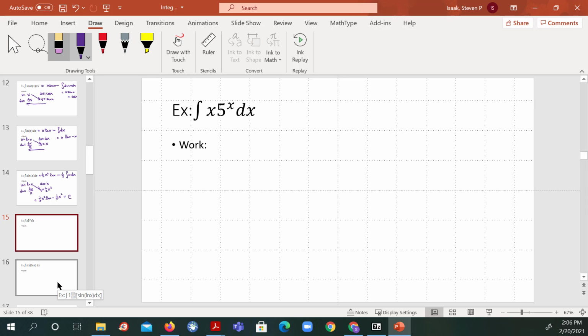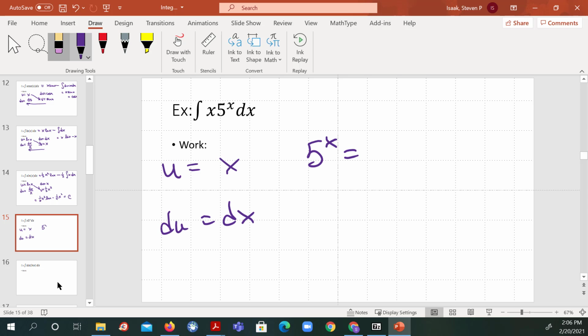Alright, anytime I have a monomial, typically, unless I'm dealing with logs, I like to get rid of it, so I let that be u. And that means 5 to the x is dv. If I take the antiderivative of that, that should be 5 to the x divided by ln 5.